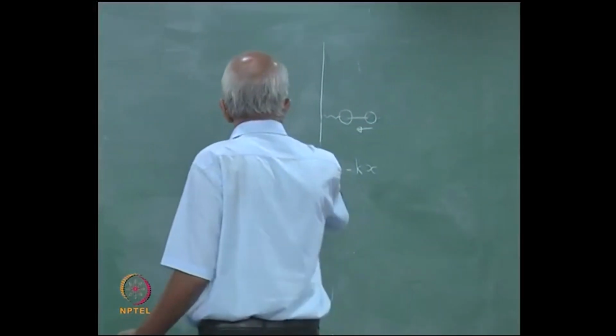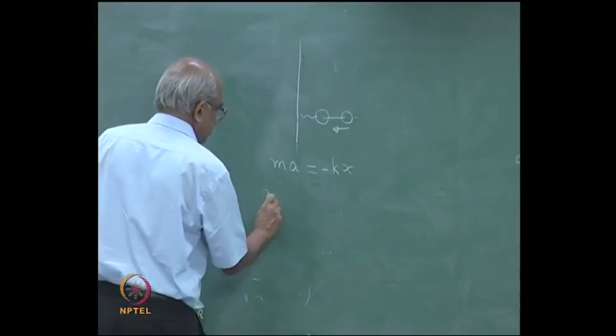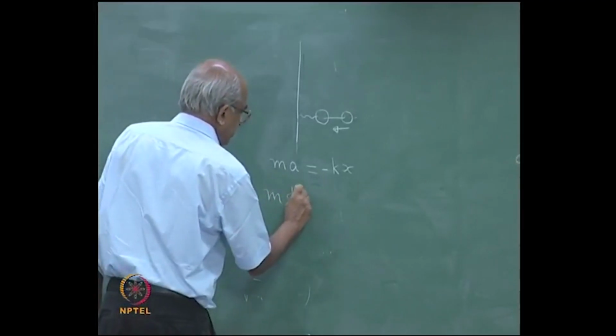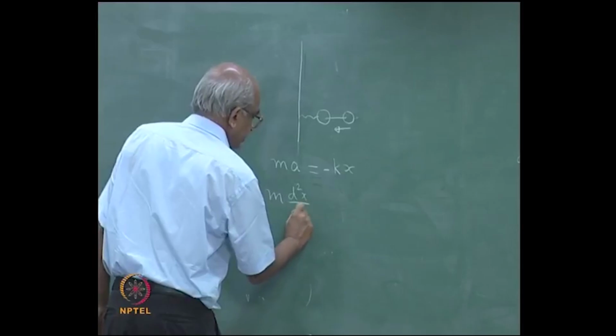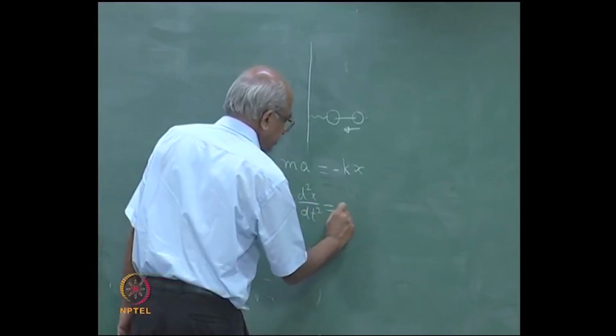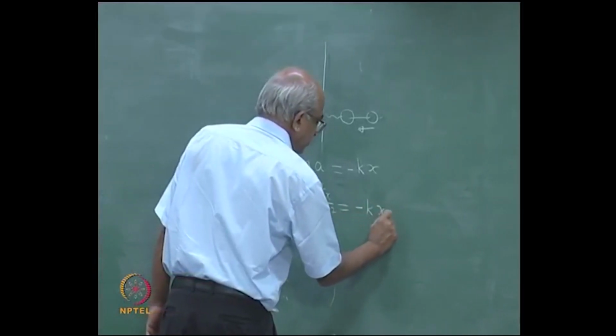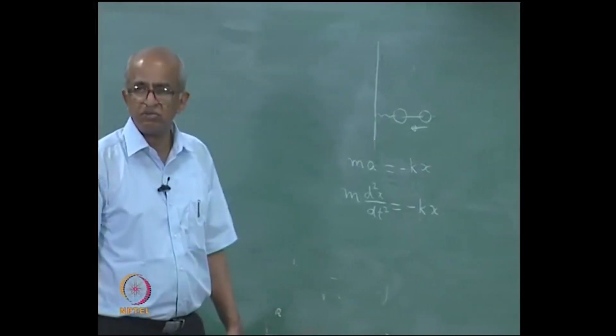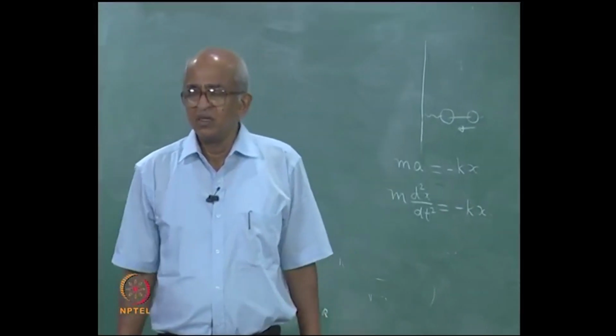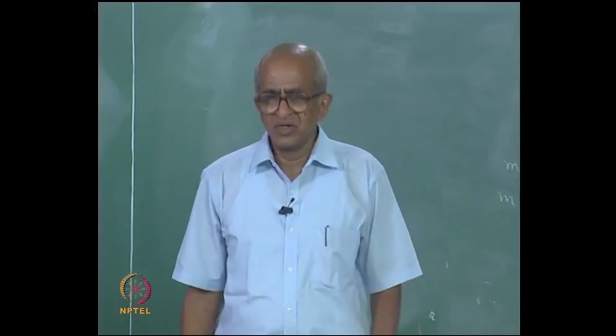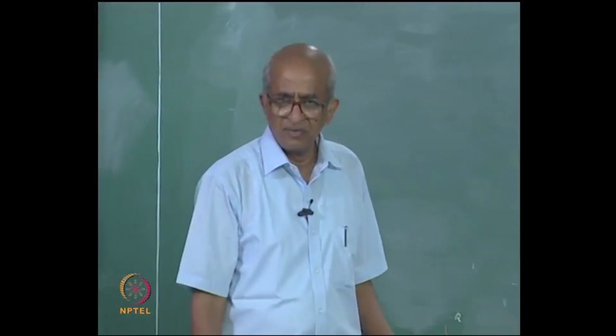And hence this equation becomes m into d square x by dt square is equal to minus kx, a simple differential equation, very easy to solve.